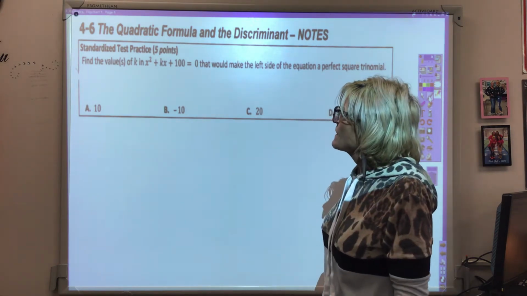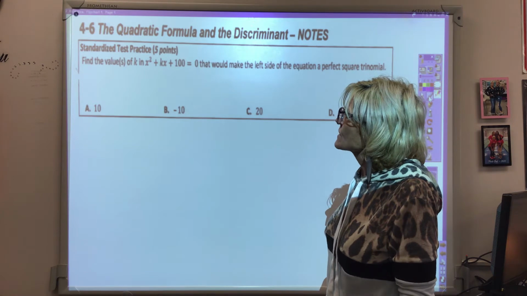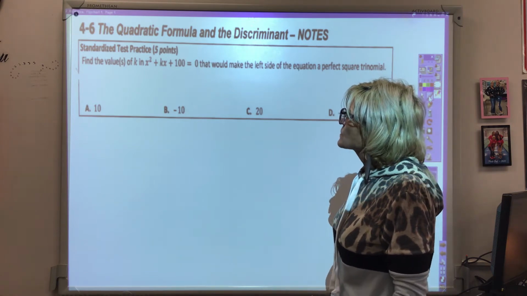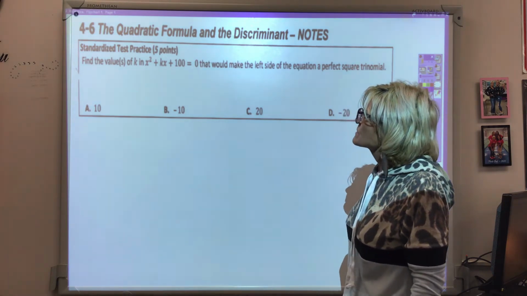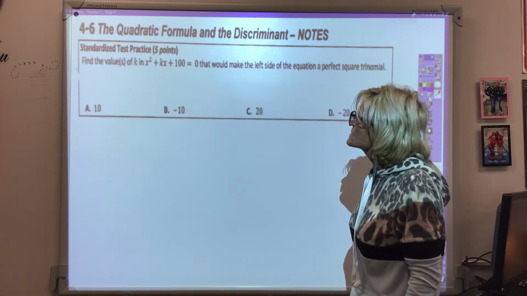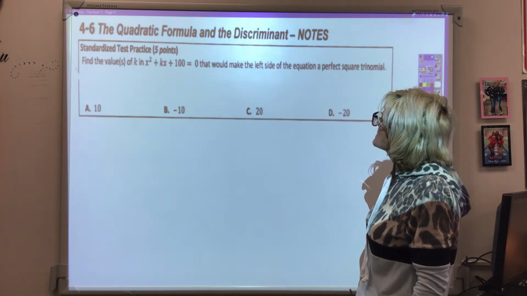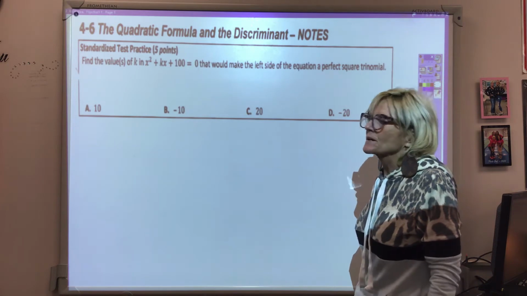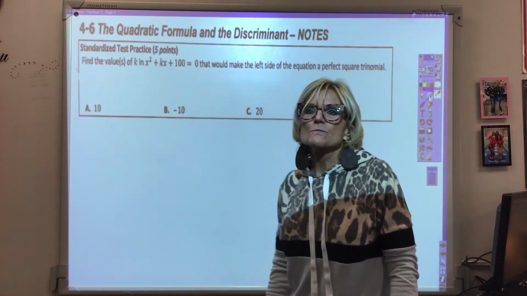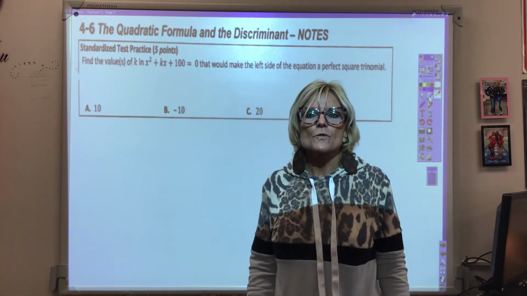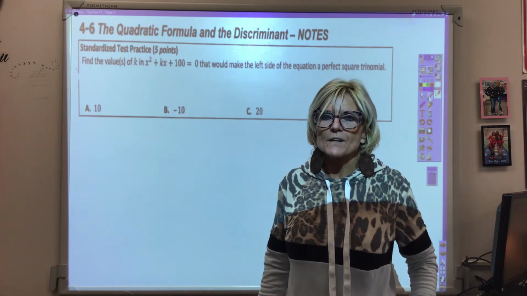It says, find the value or values of k in x squared plus kx plus 100 equals 0 that would make the left side of the equation a perfect square trinomial. So this is what we did in section 4.5, completing the square.